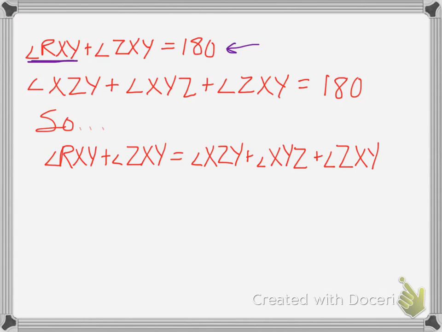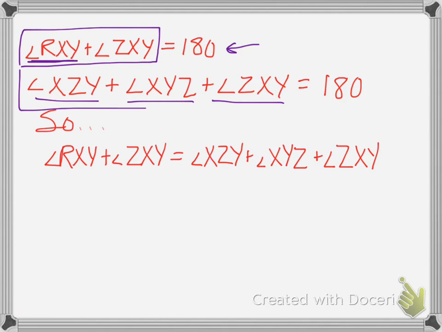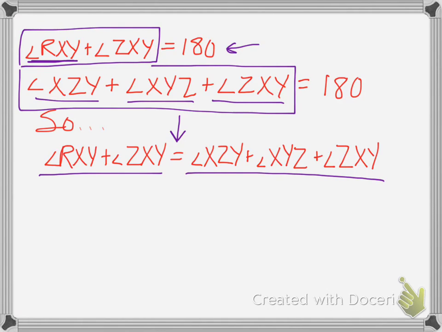And then these are just the angles here of the triangle. Those add up to 180 degrees by the triangle sum theorem. And so since both of these quantities equal 180, I can set them equal to each other, because I know that 180 equals 180 right here.